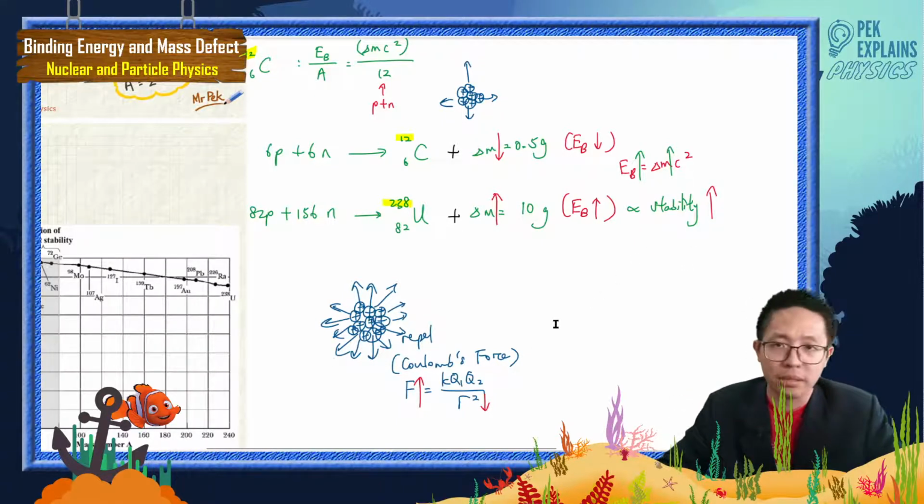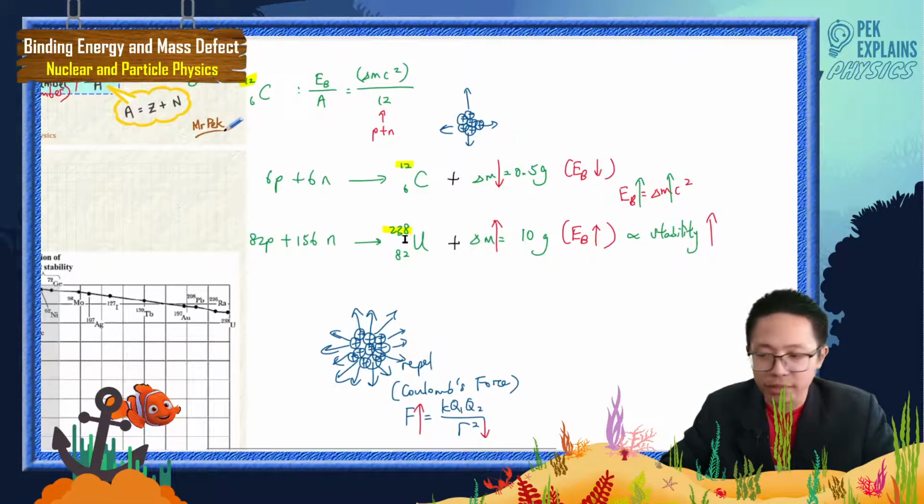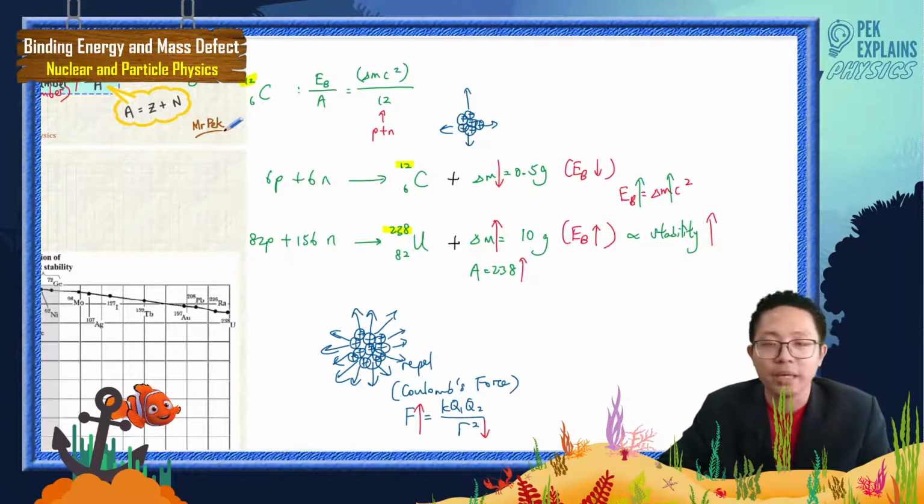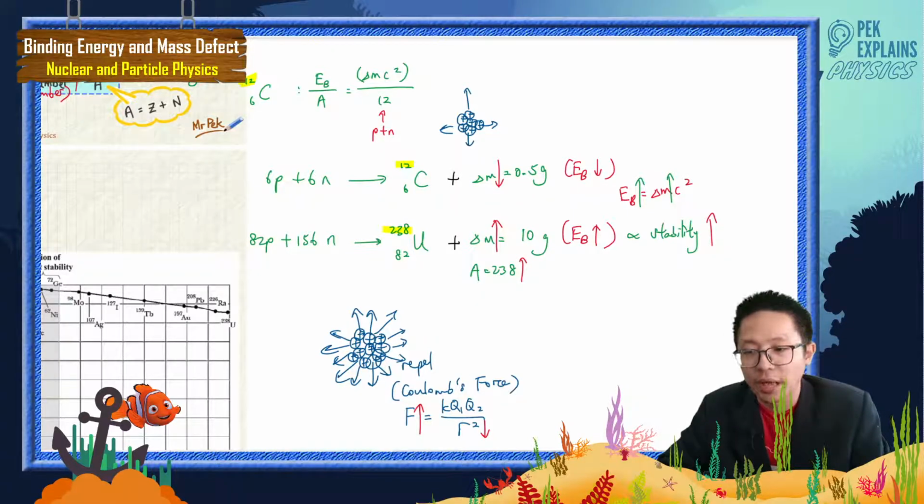It lowers the stability. Why can I say the Coulomb force lowers the stability? Although uranium has very high binding energy, the nucleon number is very high also. The nucleon number, 238, is very high. When the nucleon number is very high, it means it has a lot of protons.